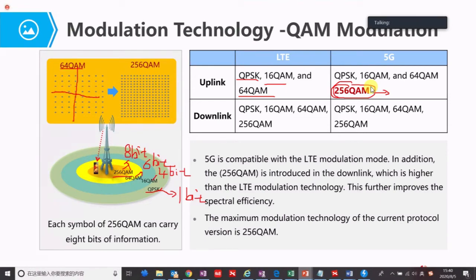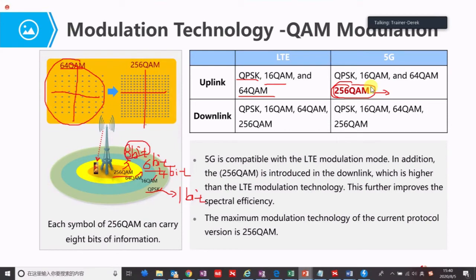This is 64 QAM. It depends on different phases in one subcarrier to distinguish different symbols. So 64 QAM can carry 6 bits, but 256 QAM can carry 8 bits.